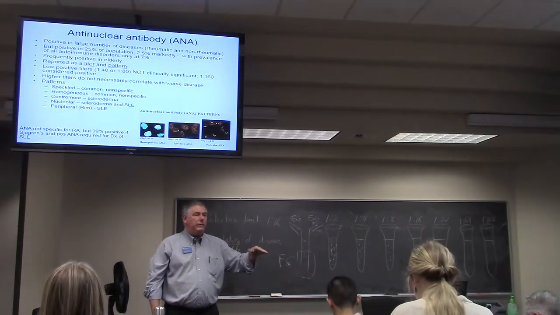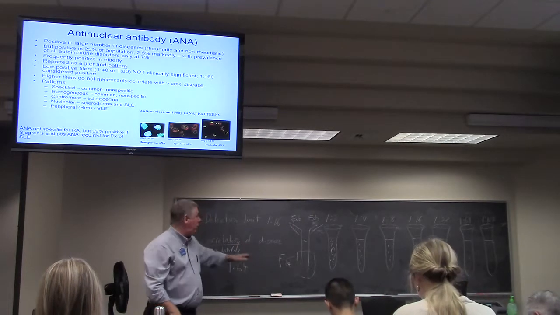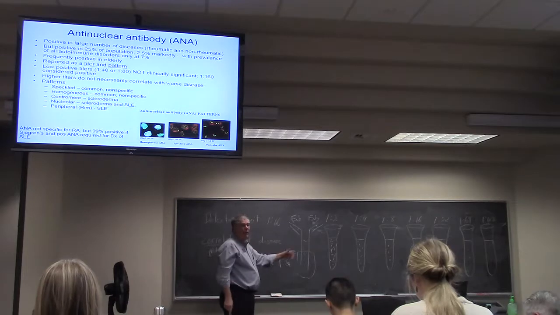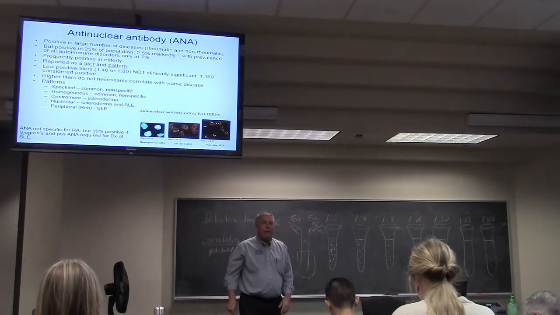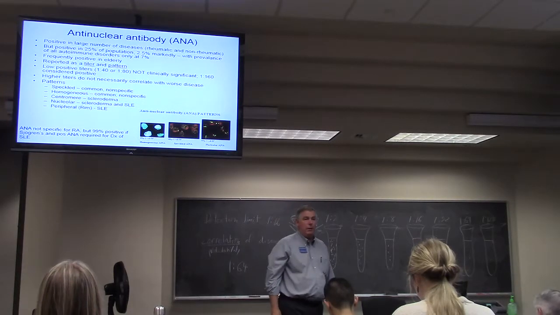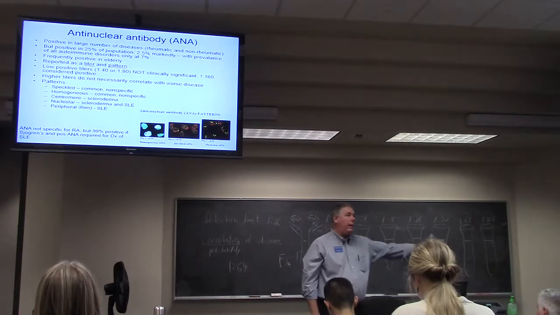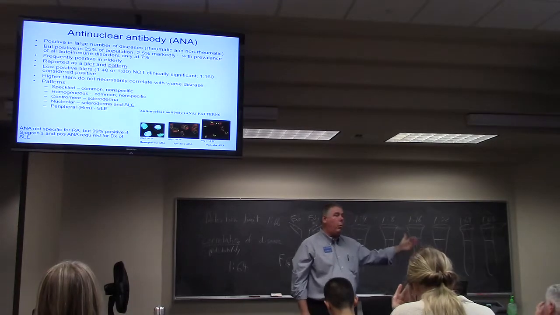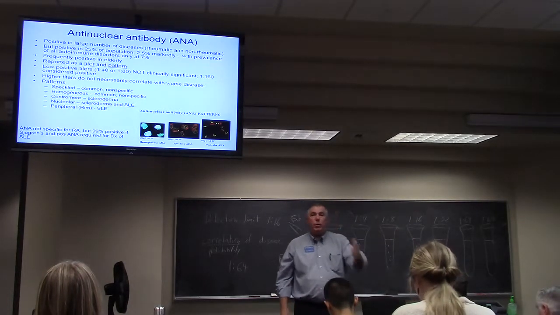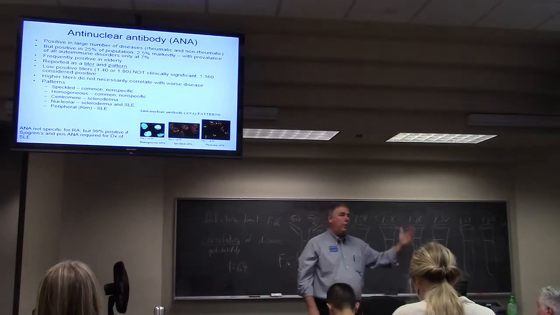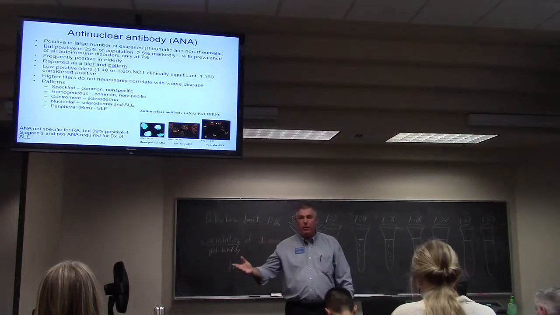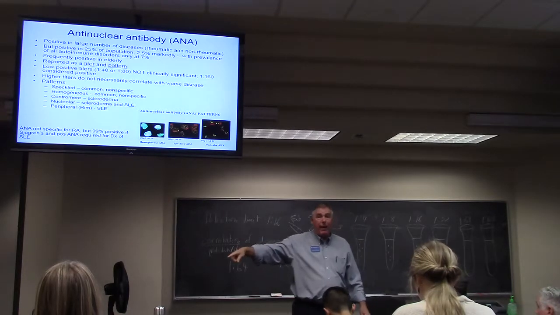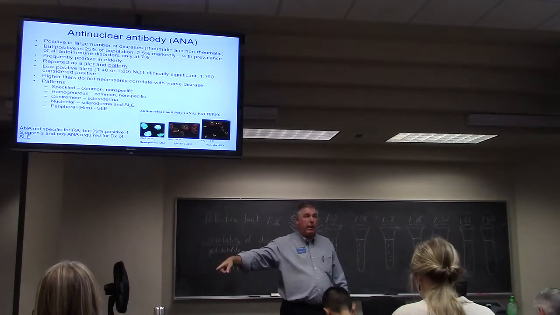If you have a low titer, they follow all these low titers over time and say, if you got a titer of 1 to 40, you're not likely to develop a connective tissue disease of any type. So they call it negative. However, if your titer is 1 to 1,280 or 1 to 2,000, whatever, then it's not only positive, but you're likely to develop whatever disorder is down the road for you.